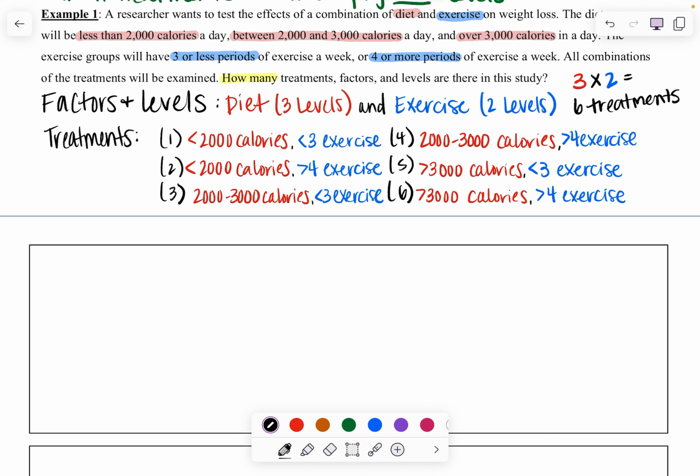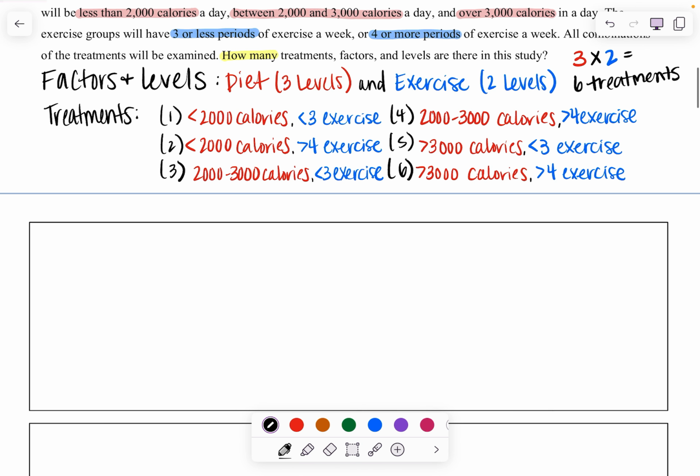Another option for a question like that would be a tree diagram where you can have little branches coming off that show the 3 and then show the 2. But essentially, this is just to show you treatment groups are just a combination of the levels. So if they ask you to actually write out the different treatment groups, you're just writing out the combinations. You don't have to for this question, but that's what it would be.